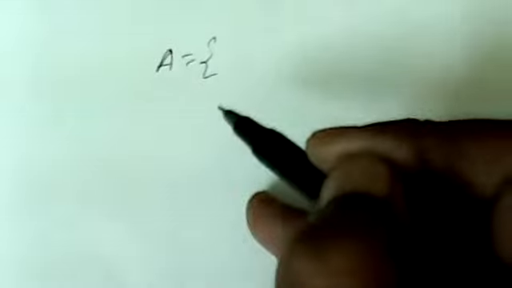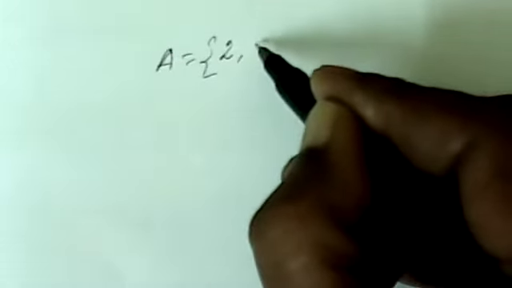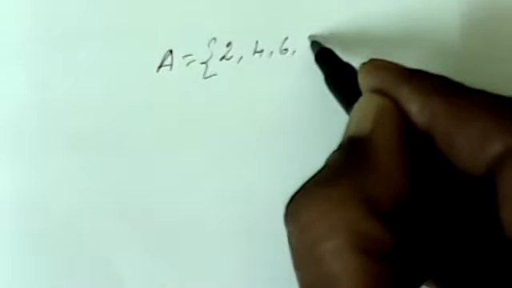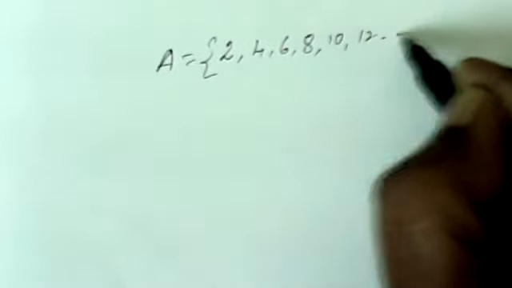Now we are listing out the elements according to the given information. A is the set of even numbers, divisible by 2: 2, 4, 6, 8, 10, 12, and so on.